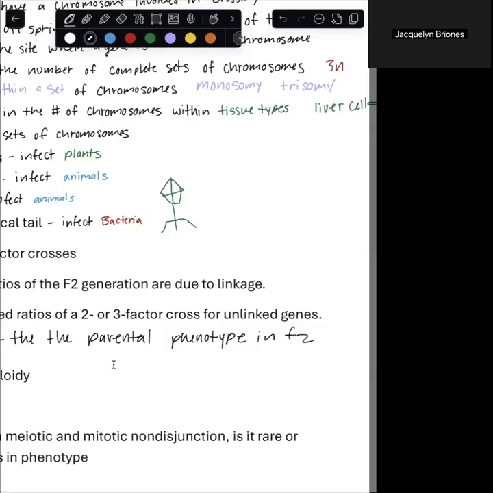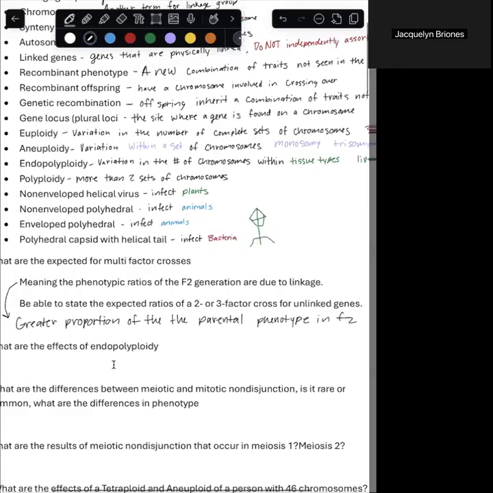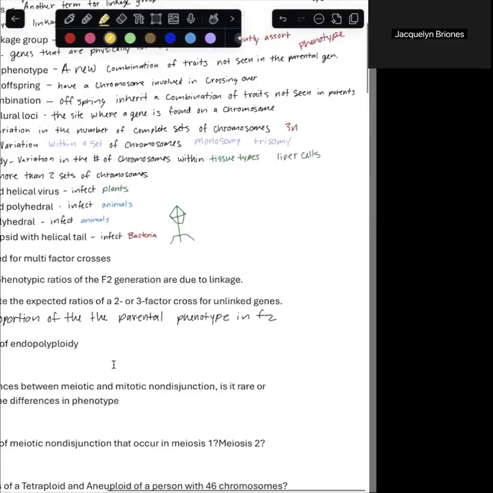Okay, and then be able to state the expected ratios for two and three factor crosses for unlinked genes.